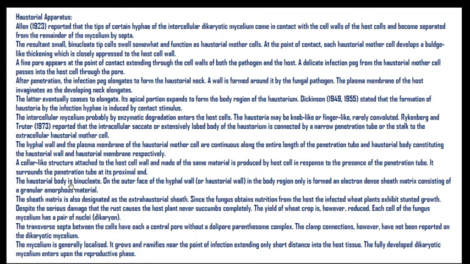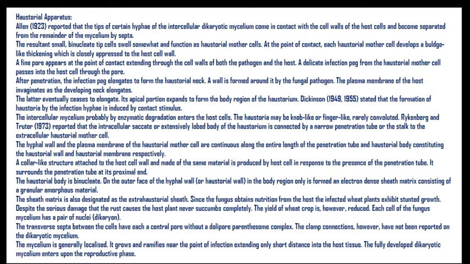This haustorial body is again binucleate. On the outer surface of the hyphal wall, in the body region only, is formed an electron dense sheath matrix consisting of a granular amorphous material. This sheath matrix is also designated as the extrahaustorial sheath.